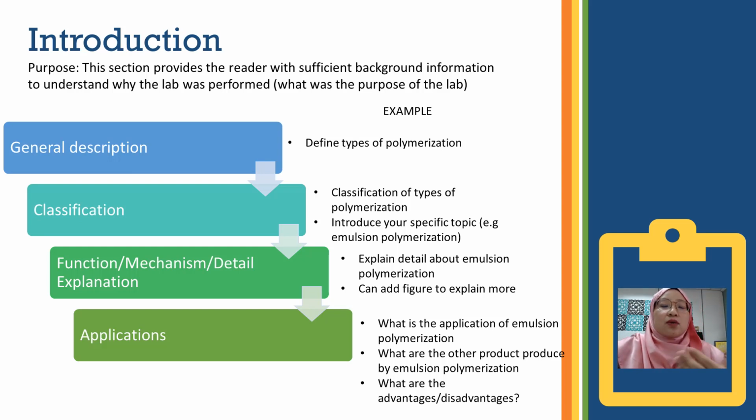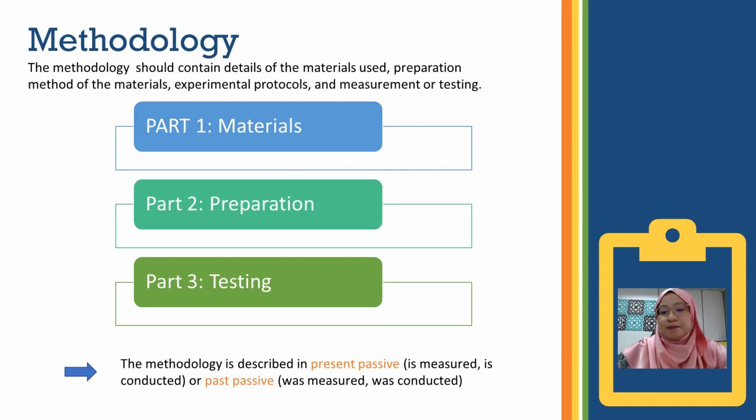And then you can also describe the function, mechanisms, and also the detailed explanation about the polymerization involved in your experiment. And lastly, just a brief about the application. What are the applications that people are exploring using this technique of polymerization? So just state it there.